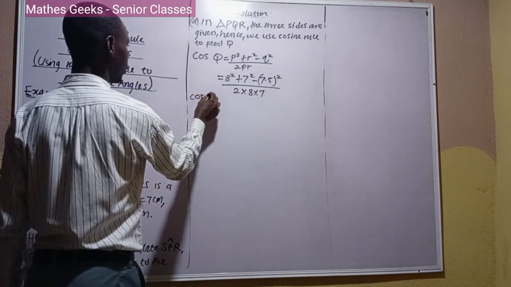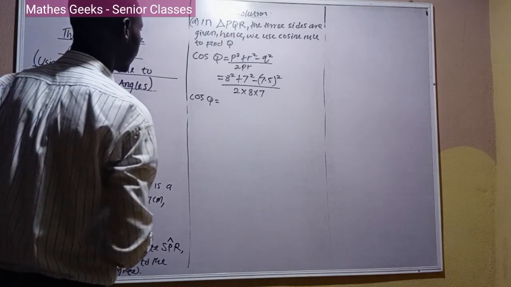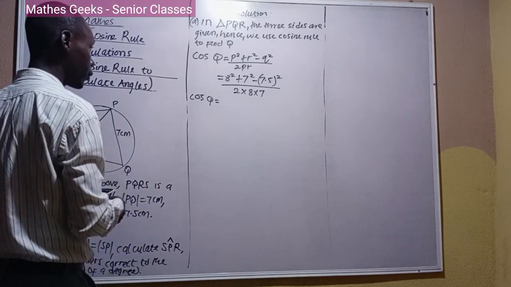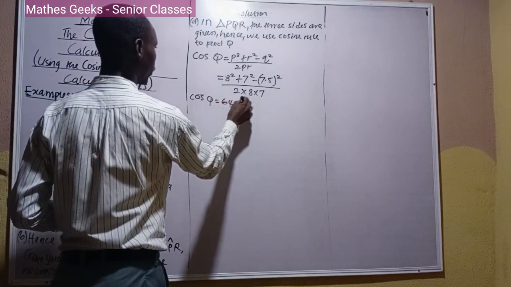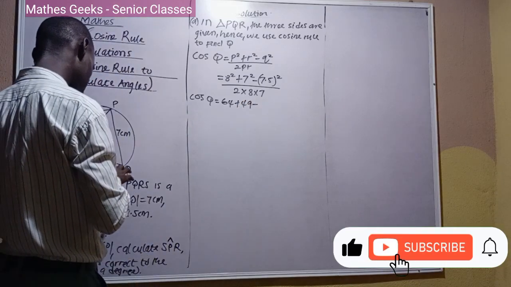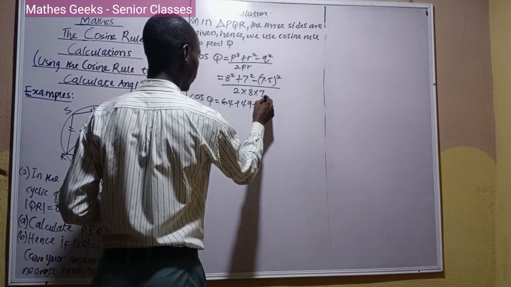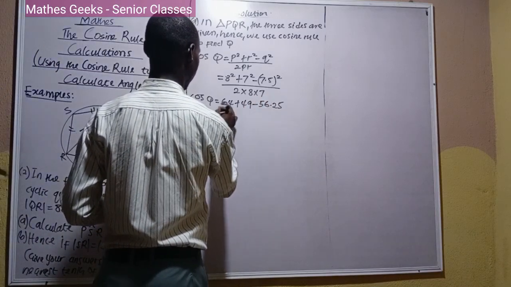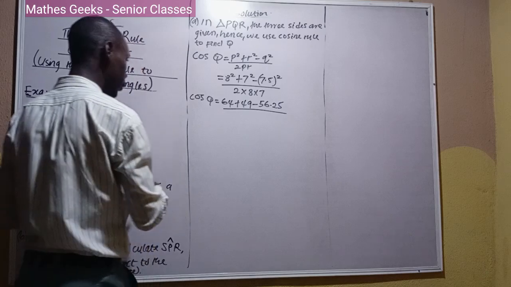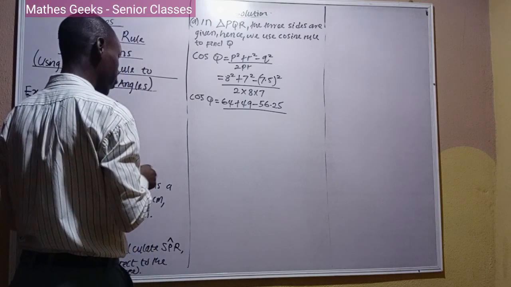So cos Q equals 64 plus 49 minus 56.25 over 2 times 8 times 7, 112.